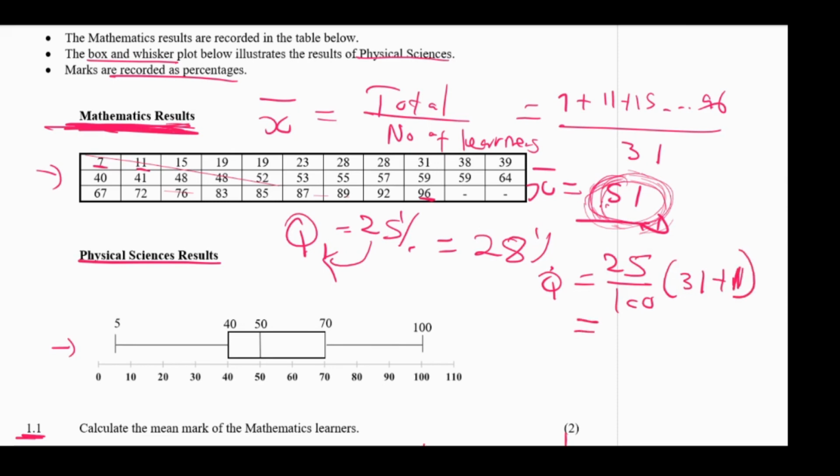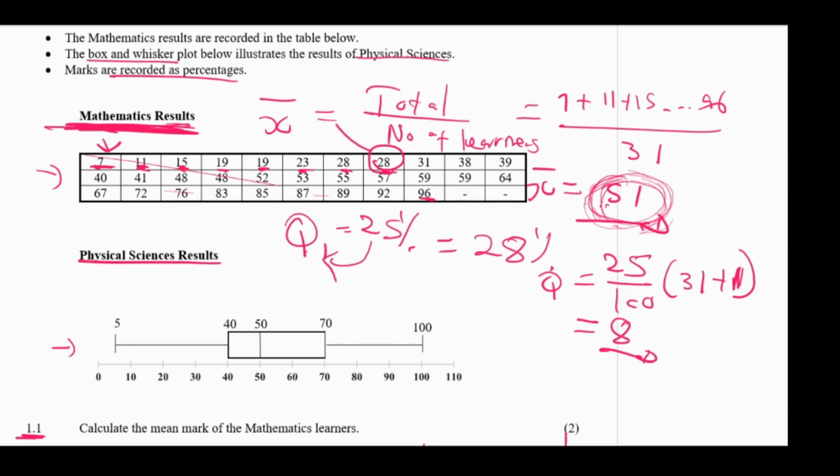And then what you'll find here is 8. So this is number 8. You're going to count your numbers. If the numbers in this table are written in ascending order, then you count up until the 8th number: 1, 2, 3, 4, 5, 6, 7, 8.